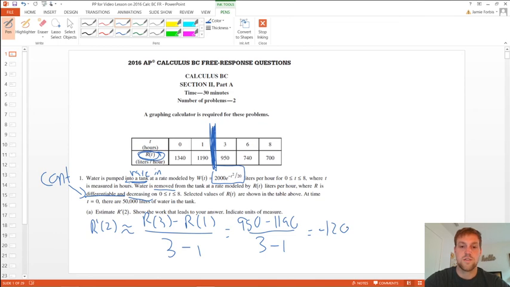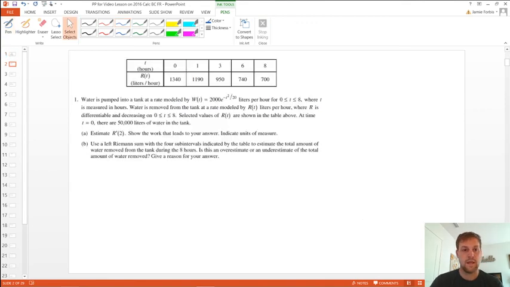This is acceleration, so it's going to be liters per hour squared. So there you have it: the average rate of change of my rate of change. Cool. Let's go on to B.